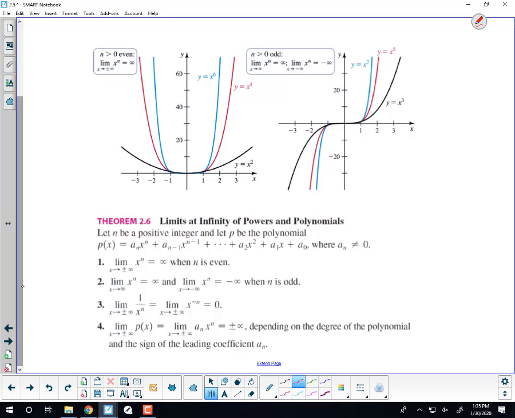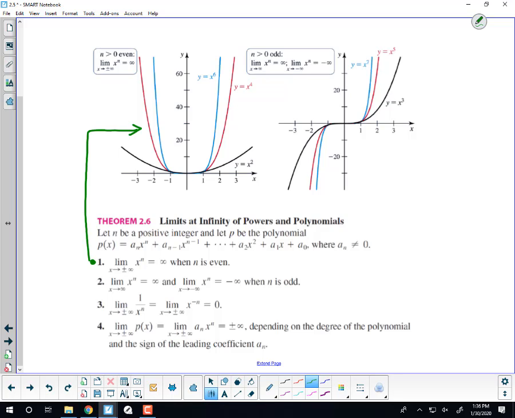And what we're saying here in number one is that as x approaches positive or negative infinity on x to the n, when n is even, it will always be positive infinity. So as x approaches positive or negative infinity on an even function, the answer is always infinity in both directions.